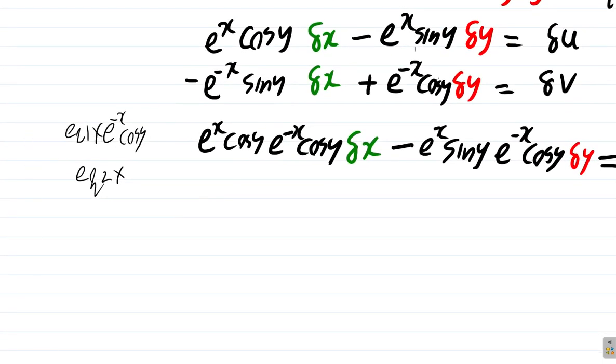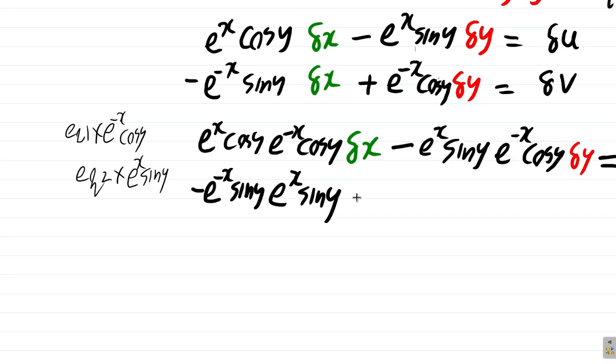Now we want equation 2 to be multiplied by e to the x sin y, which is this. Multiply equation 2 by this. We multiply this part first. Alright, let's go again. It's this times this, right?